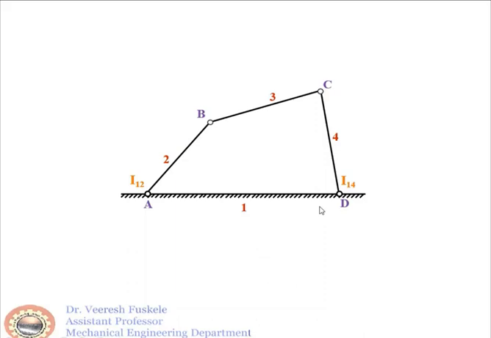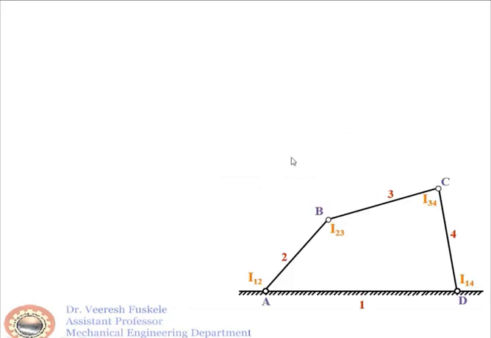Now moving ahead, we will have I23 at B, for the same reason: link 2, that is AB, and link 3, that is BC, are connected by a revolute pair at B. Following the same argument, we get I34 with links 3 and 4.